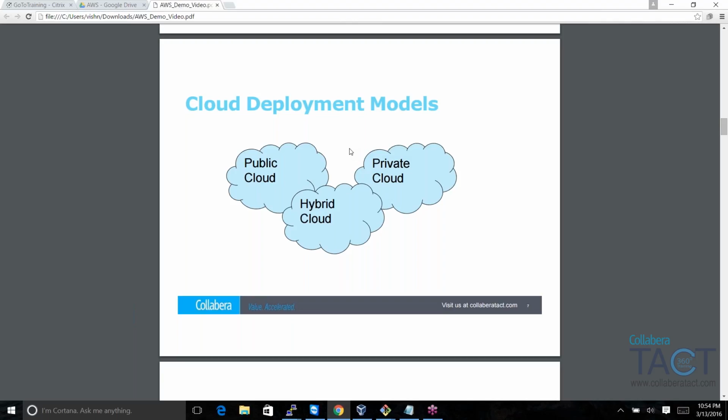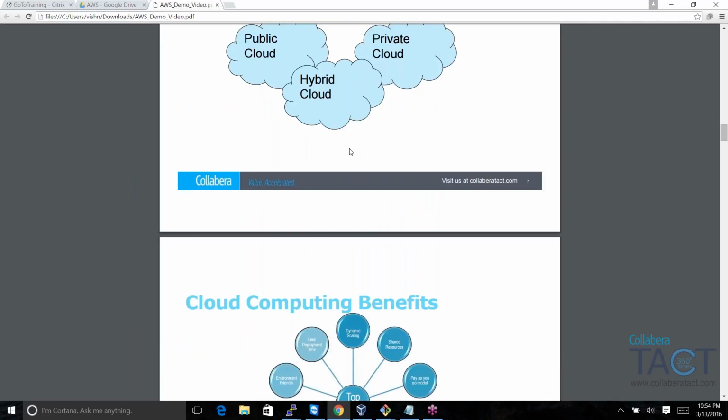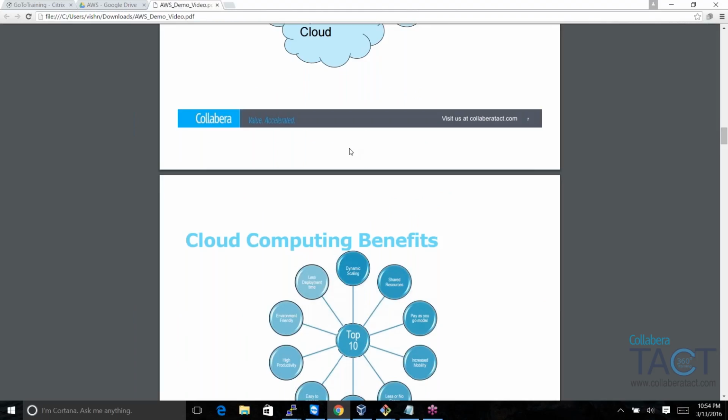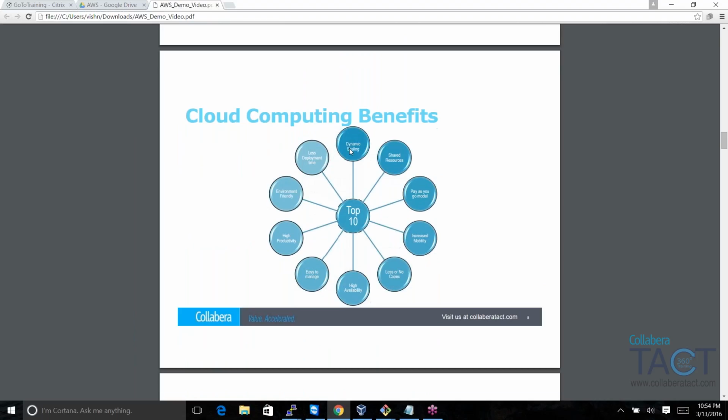Then I'm building the solution using my private cloud and my public cloud. So that becomes a hybrid cloud. When you build an infrastructure using components from your private and public cloud, that becomes a hybrid cloud. Okay. Any questions, guys?